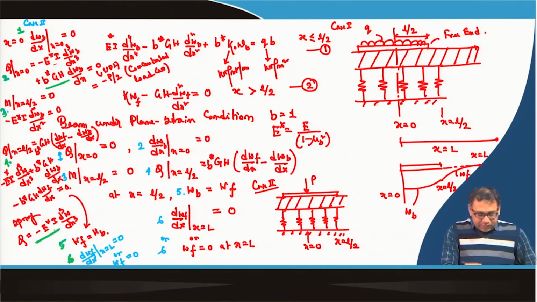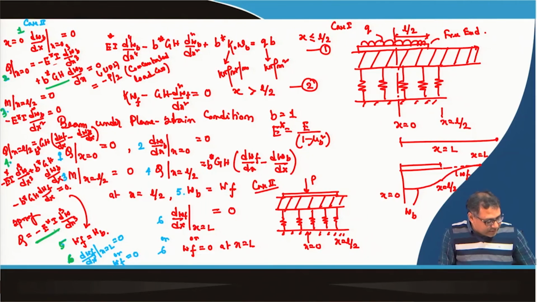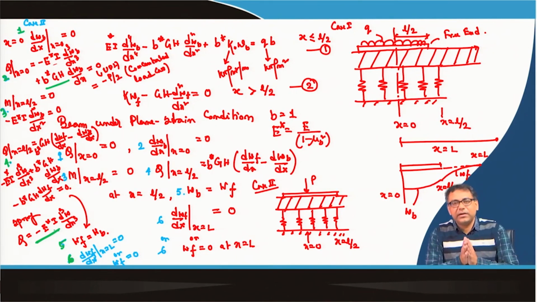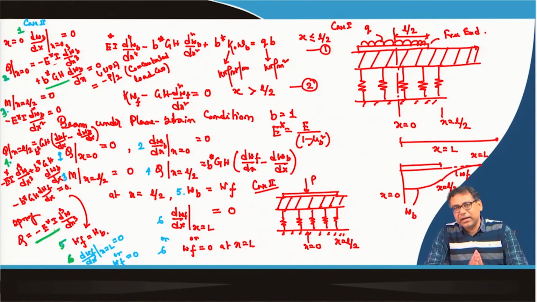Okay. So, these are the different boundary conditions under different loading conditions and the end conditions. You have to use these boundary conditions to solve the beam problem by using the finite difference scheme.